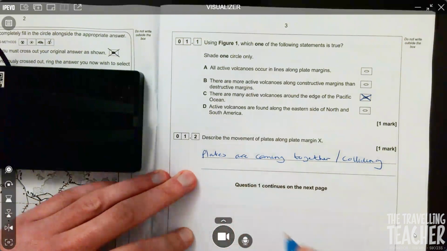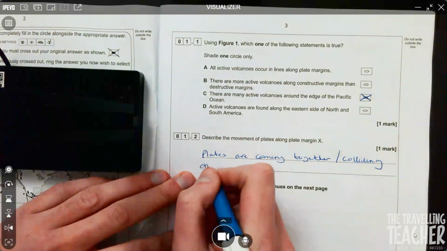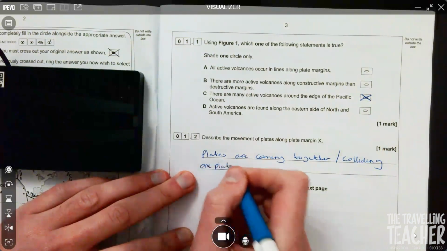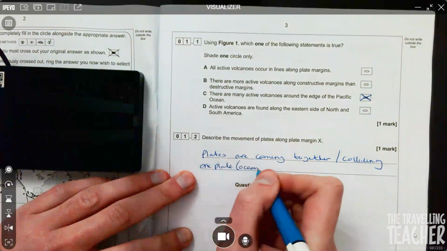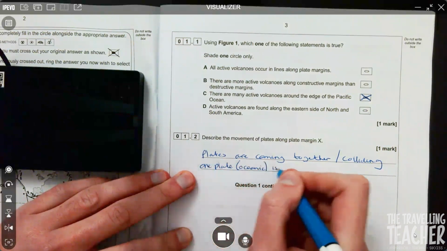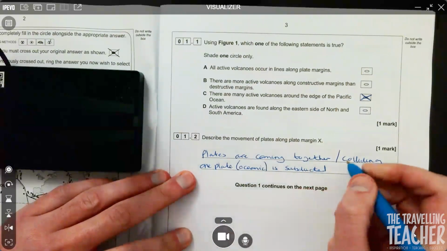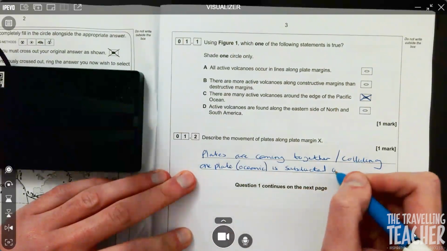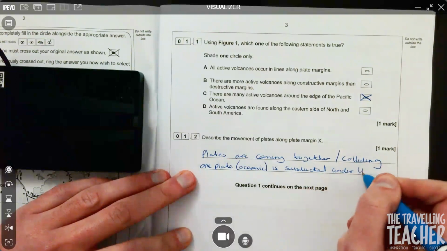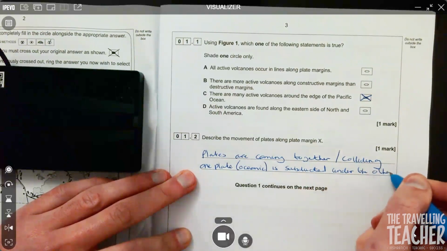Colliding. One plate, which will obviously be the oceanic, is subducted under the other. Perfect.